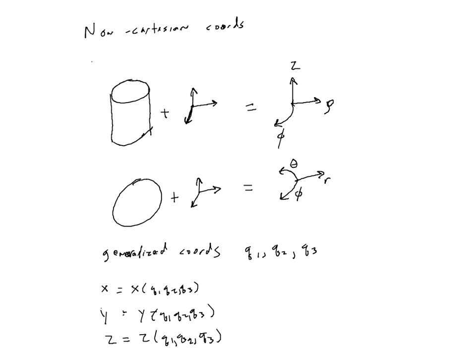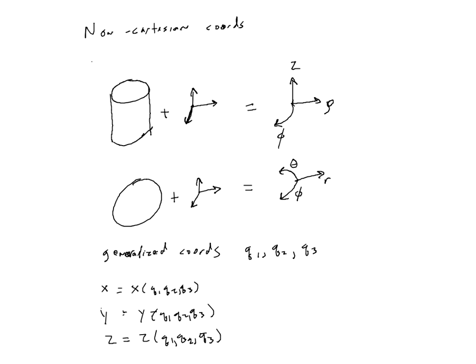And so what happens is that you can translate back and forth between x, y, and z and q1, q2, and q3, where in cylindrical coordinates the z is the same, but with spherical coordinates they may be completely different.